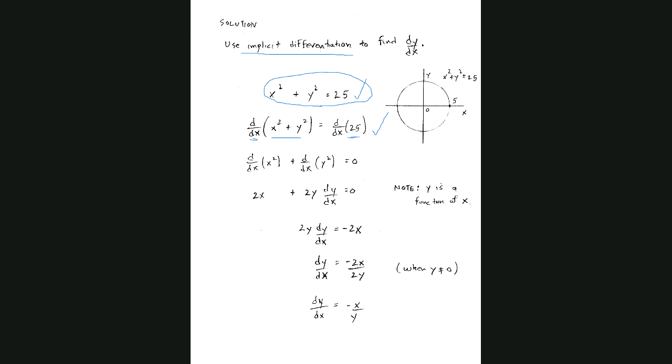Now the question is, what is this? Well, on the left side, we have the derivative of a sum, x squared plus y squared. We know the derivative of a sum is the sum of the derivatives. And on the right side, we know the derivative of the constant 25 equals 0.